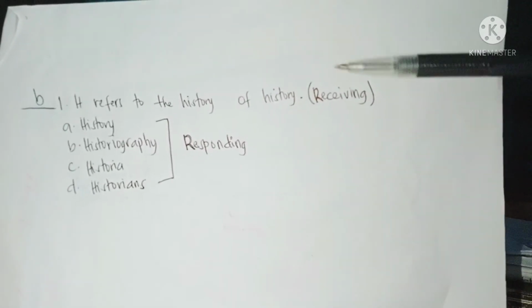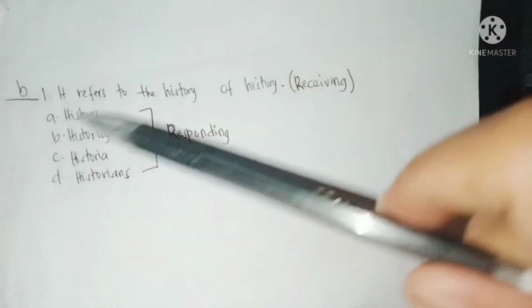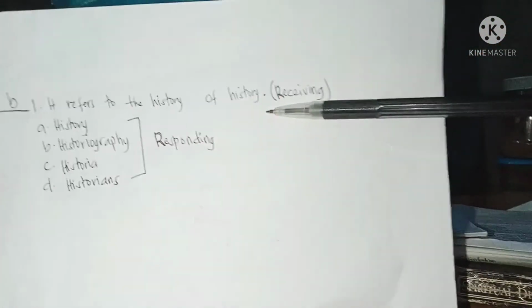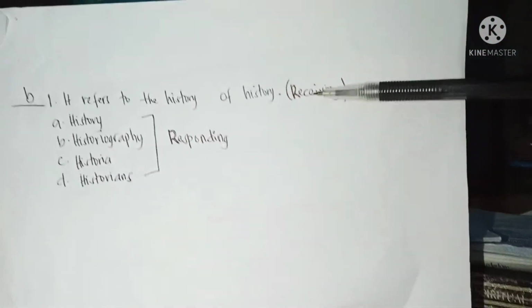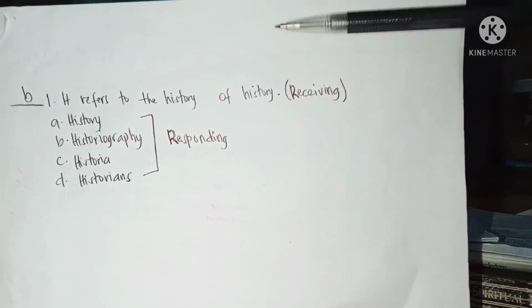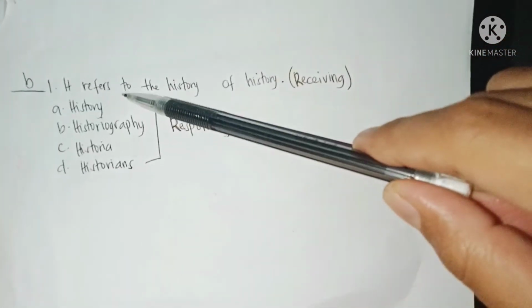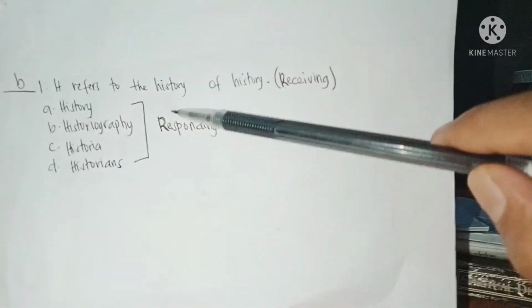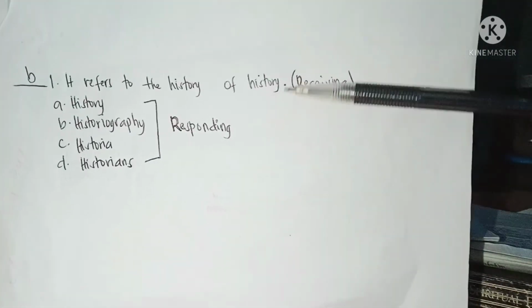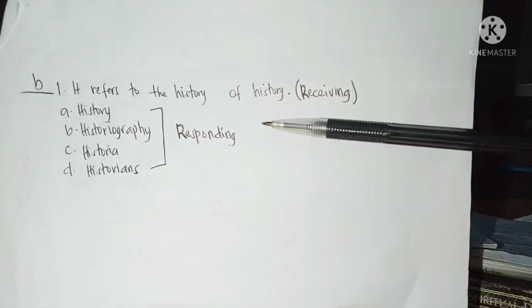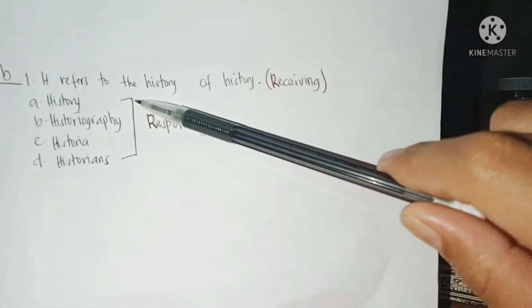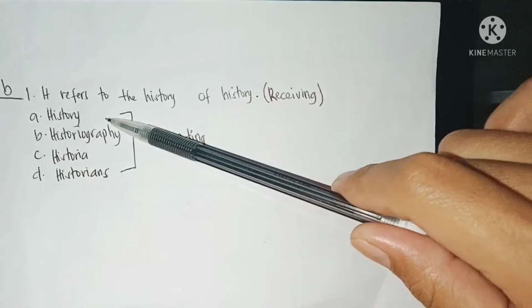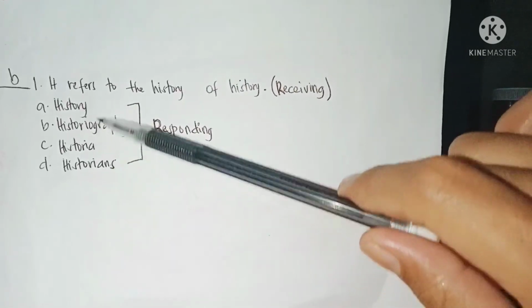If you can see the sample test, this question is called receiving. And this one is called responding. Responding from the receiving. So after responding, we should give the value. What is the meaning of this?